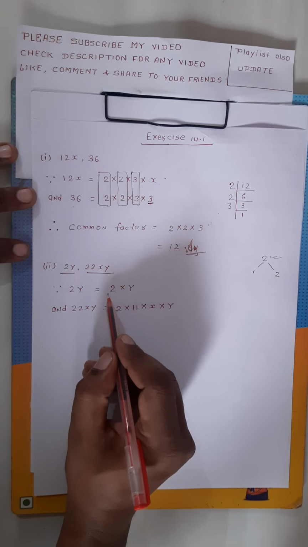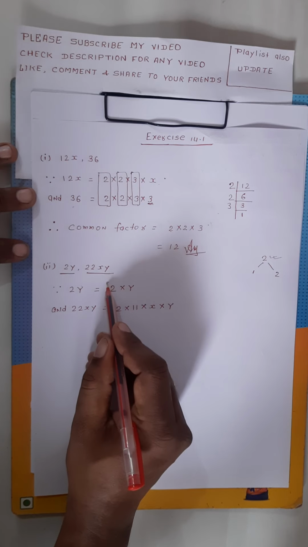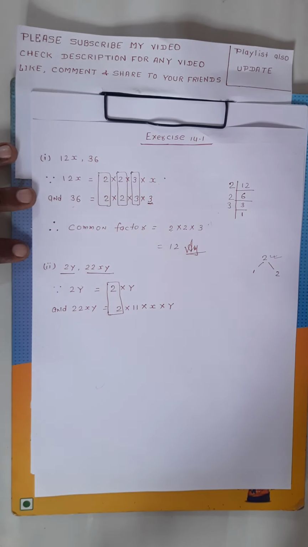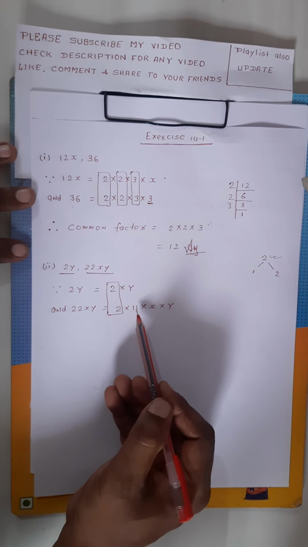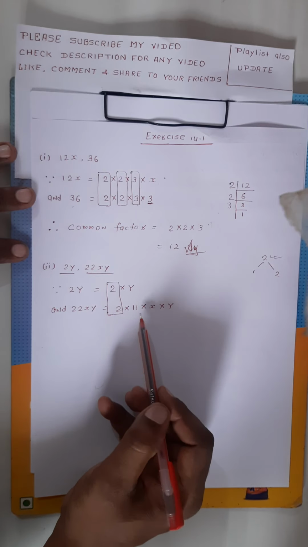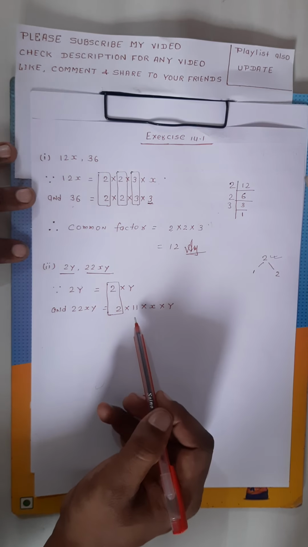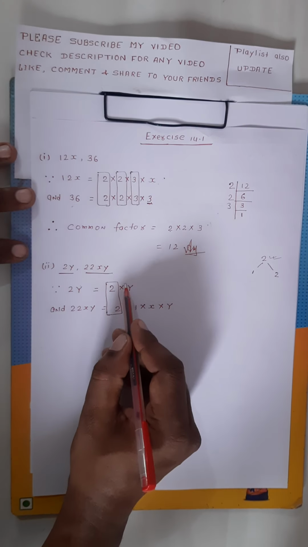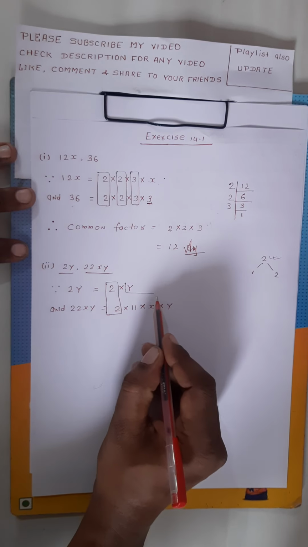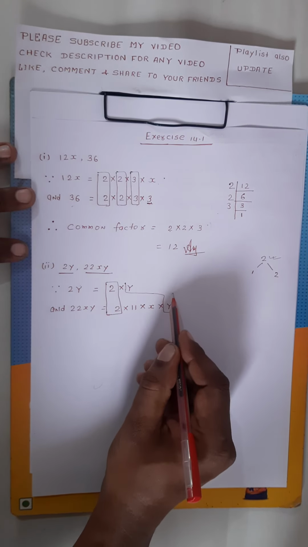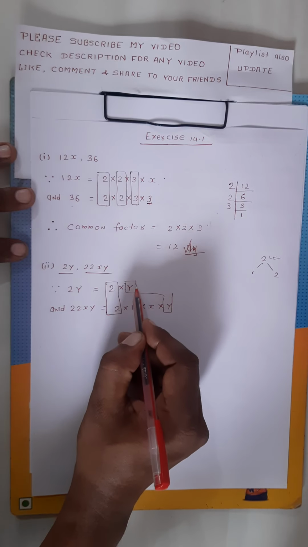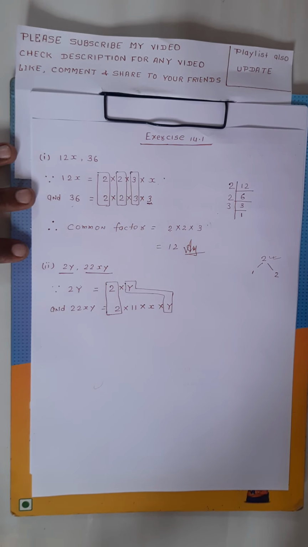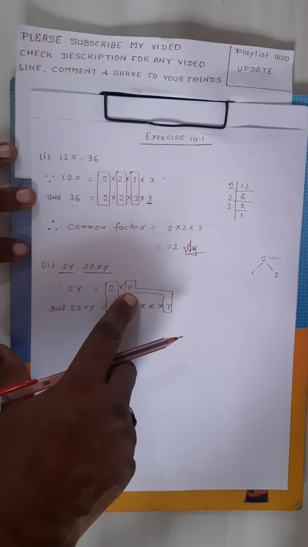Now what is the common factor in both? 2 is the common factor, or 2 is common in both terms. Also 11 is not in both. Okay, x is not in both terms. Okay, but y is present in both terms, so y also will be common.